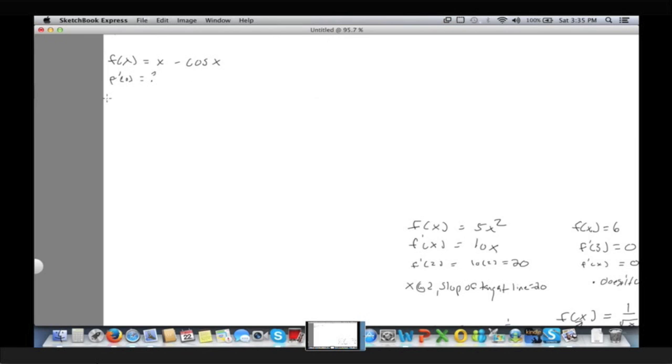So this is... derivative of cosine is negative sine.